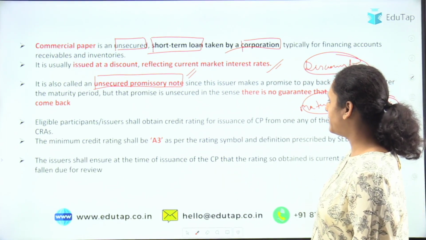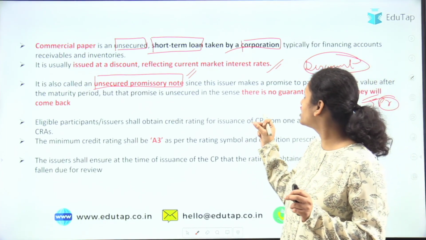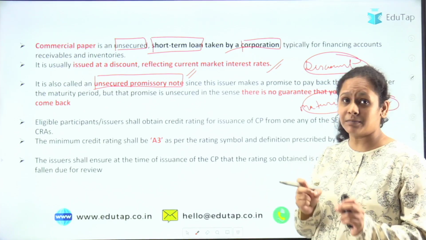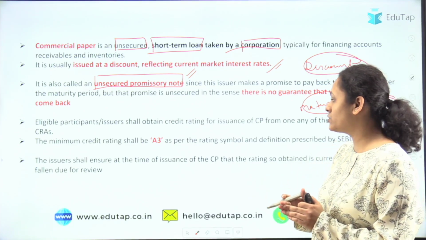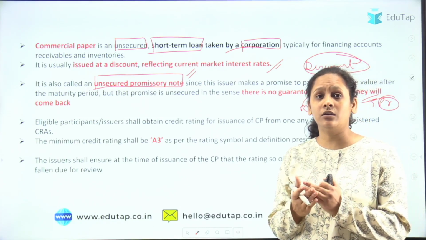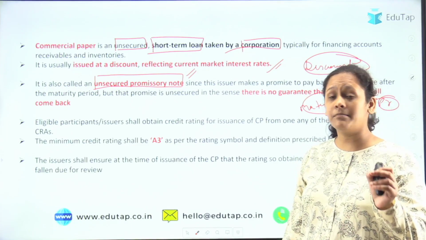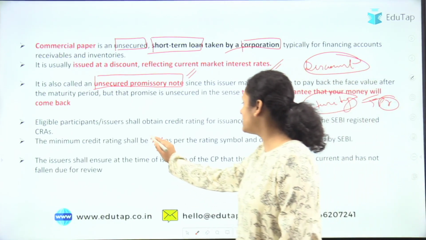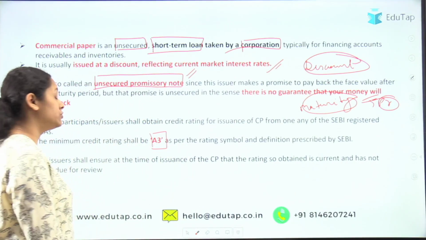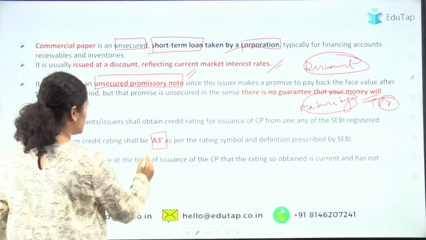ठीक है. Now people who issue these commercial papers have to take ratings from SEBI. SEBI के साथ जो credit rating agencies होते हैं उनके through इनको अपनी rating लेनी पड़ेगी. ठीक है. And the minimum rating which they should have is A3. ठीक है. Now those people who do not have a rating of A3 cannot issue.